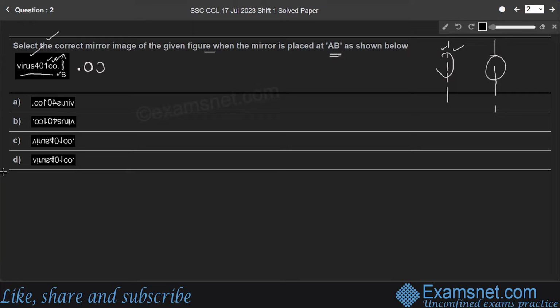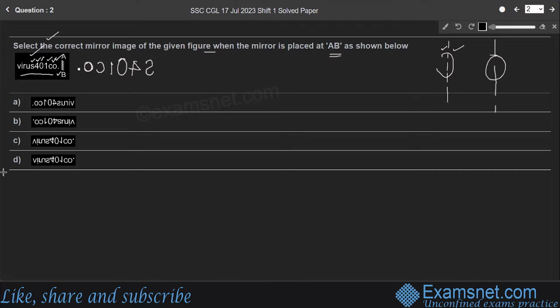So next comes 1. The image of 1 will be like this. Then the image of 0. 0 is a symmetrical element. Next comes 4. The image of 4 appears like this.